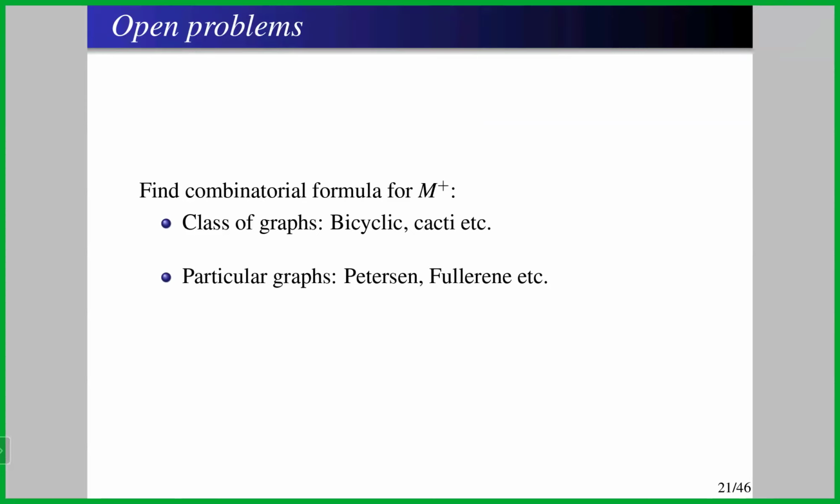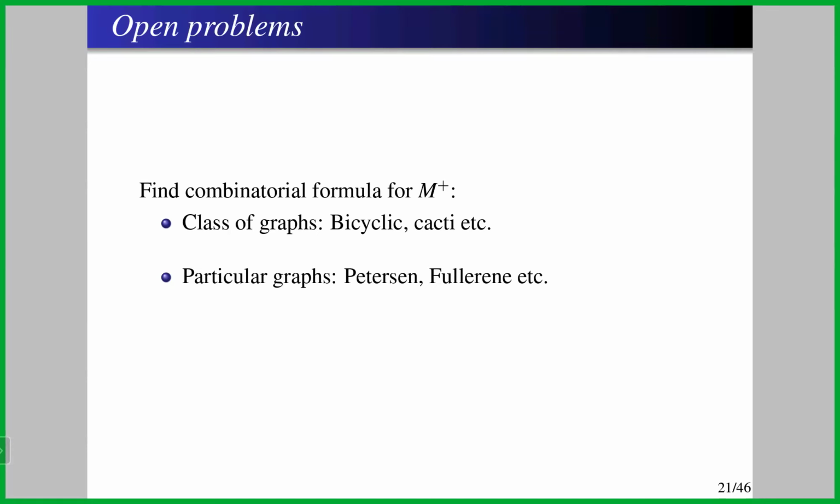If you want a challenging problem for your undergraduate or maybe even graduate students, you can choose a class of graphs, for example, bicyclic graphs or cacti, and then find a combinatorial formula for the entries of M plus, the Moore-Penrose inverse of its incidence matrix. And things may not be as easy as you think. Things get quickly complicated. But these are nice undergraduate projects you can pursue if you want to.